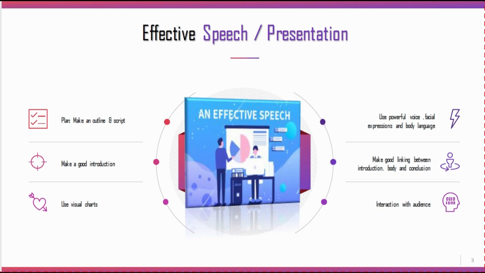So you make an outline that shows your processes. And based on your outline, you will make a script. Script is actually your saying. So even though your English skill is not very good, if you have a good outline and script, your presentation sounds very professional.